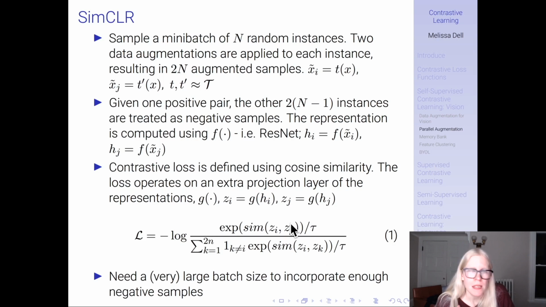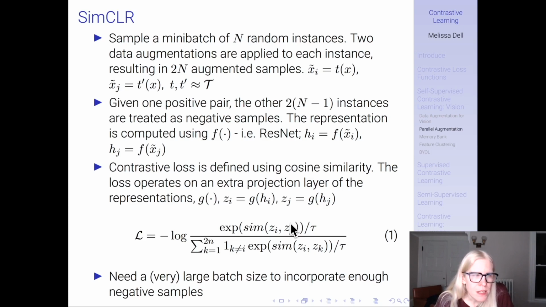Given one positive pair, the other 2n-1 instances are treated as negative samples, and the representation is computed using this F function, i.e. a ResNet, and then you project that down to lower dimensional representations.